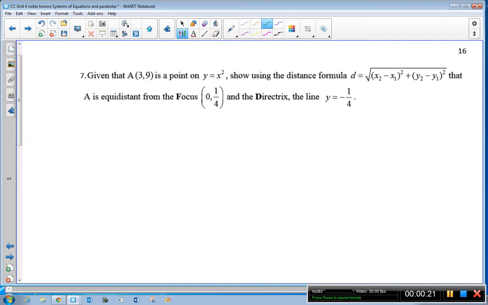So to get a little idea here, okay, so here's our point, 3, 9, on the parabola, and the focus is 0, 1/4.